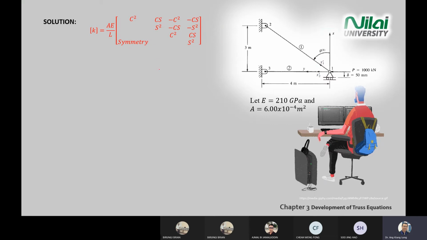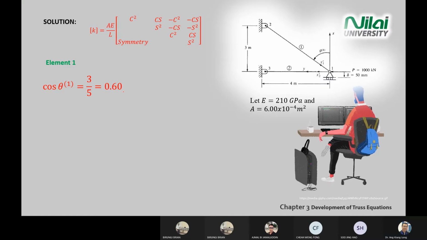Okay, you use this K matrix. For element 1, you calculate the cos. Cos equals 3 divided by 5, so you get 0.60, straight away from the diagram here. Cos theta means from here to here; you have 3 and 5.